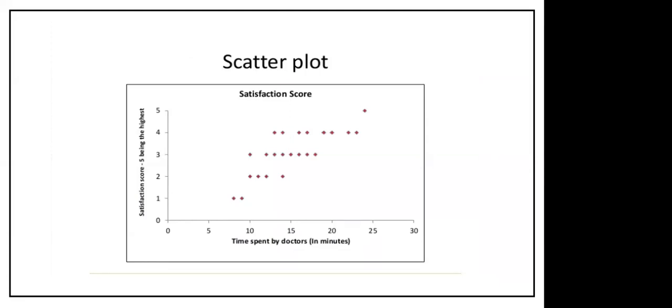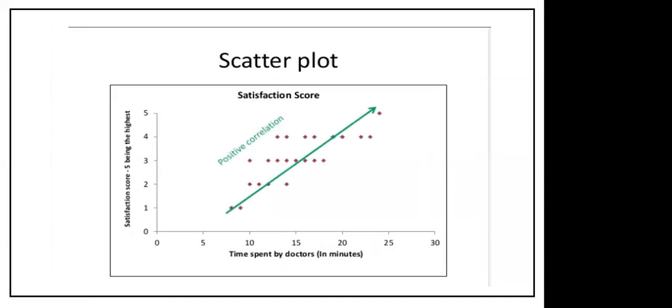On the x-axis I plotted the time spent by the doctors, and on the y-axis I plotted the satisfaction score, with the highest at the top. Here we can see a positive correlation: if the patient spends more time with the doctor, they will be more satisfied. So that we can understand from this scatter plot.